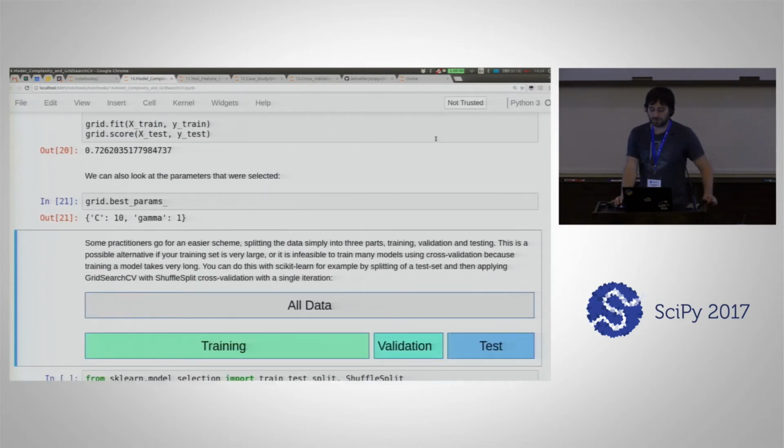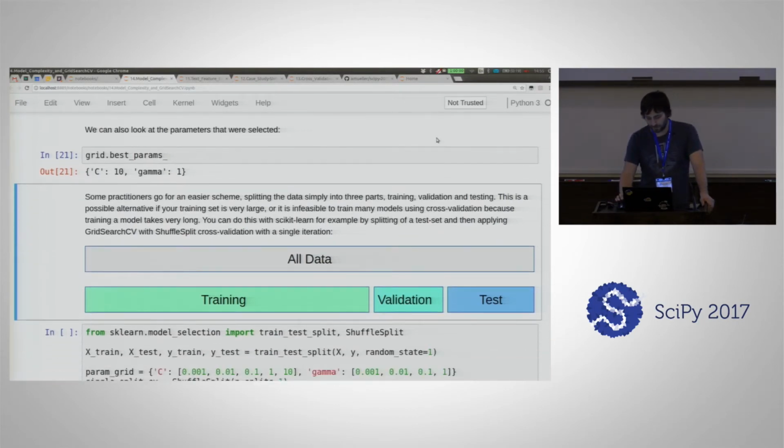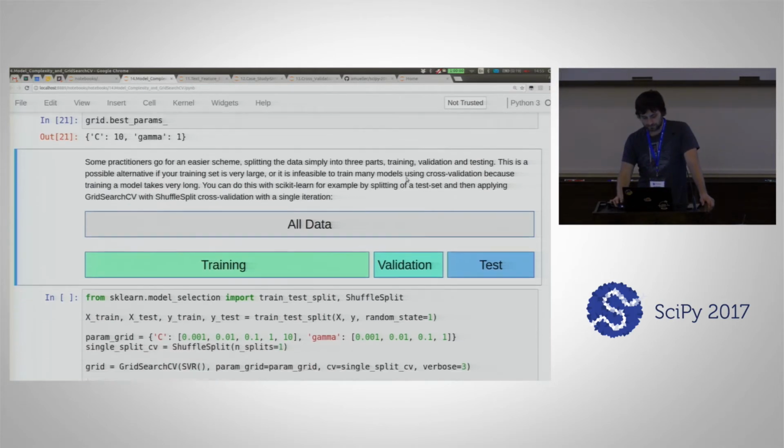What you can also do is just split the data into three parts. This is usually what people do if they do deep learning, because training a model takes so much time that you don't want to spend time doing cross-validation. So the minimum you need is a training set, a validation set to set parameters, and a final test set for evaluation.